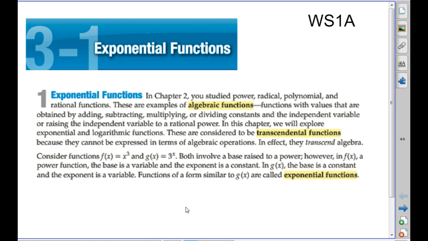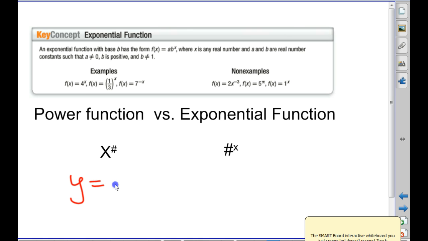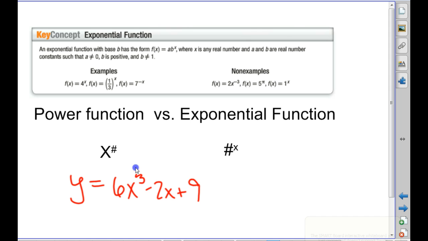All right, we are going to talk about exponential functions. And we need to know the difference between a power function and an exponential function. An exponential just means x is in the exponent. So if we had 6x to the third minus 2x plus 9, that is some kind of a power function, where we have an x to some power.